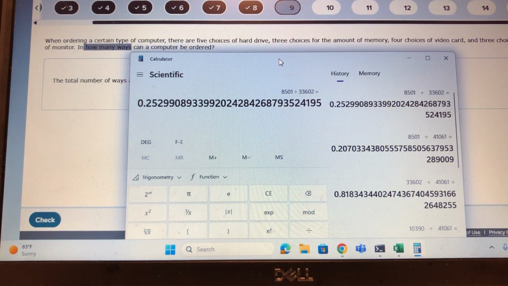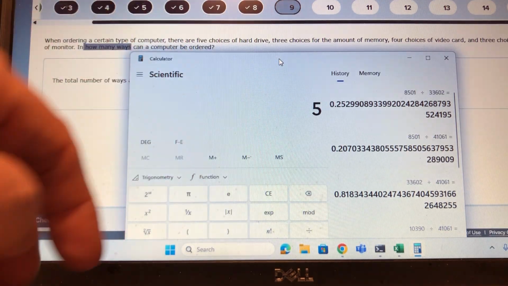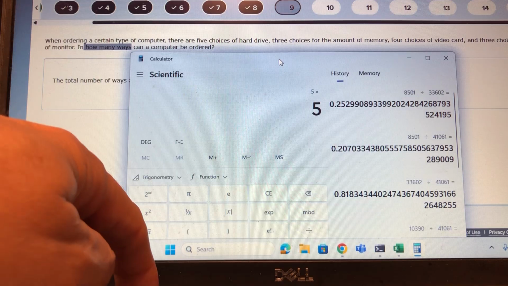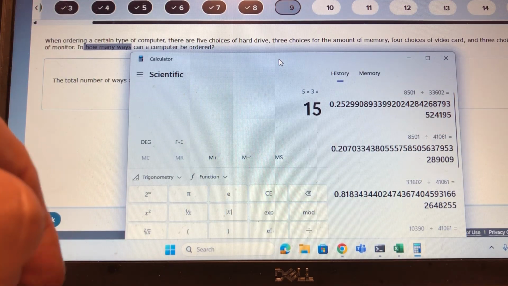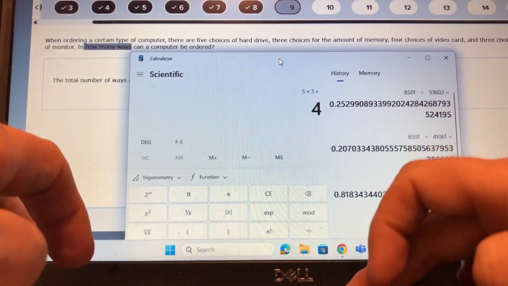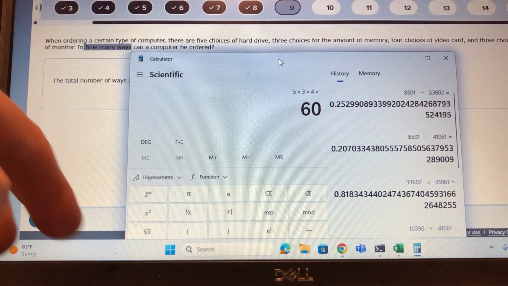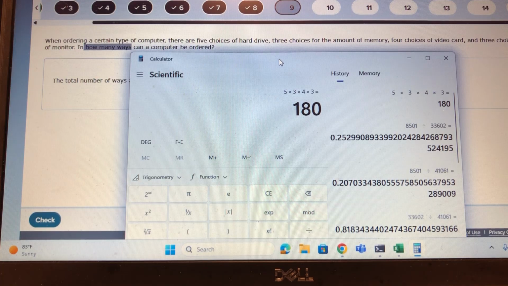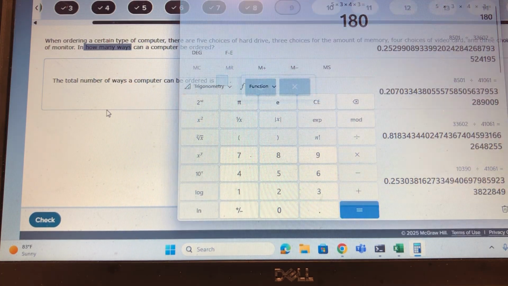Literally 5 times 3 times 4 times 3. There's 180 different computers I could have them build for me out of these choices.